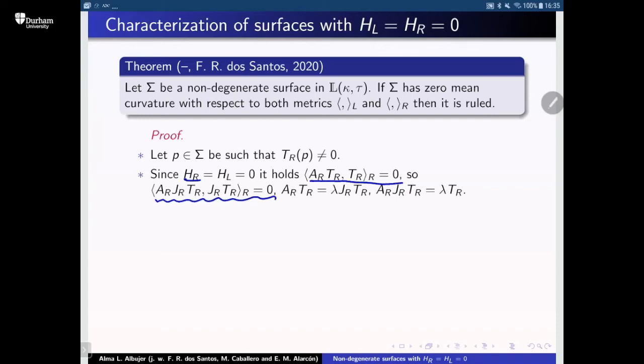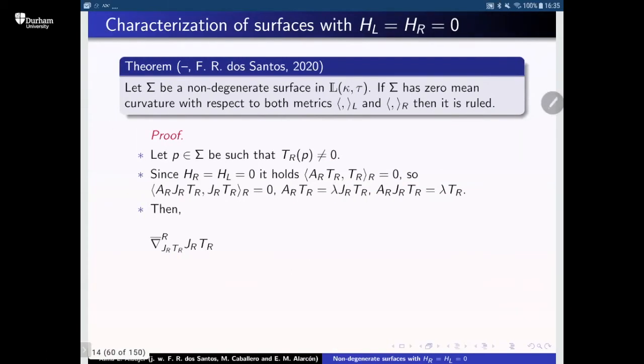So the sum of them is 2 times the mean curvature. So this term vanishes, which means that the shape operator can be written in this simple form for this vector field TR and GRTR.